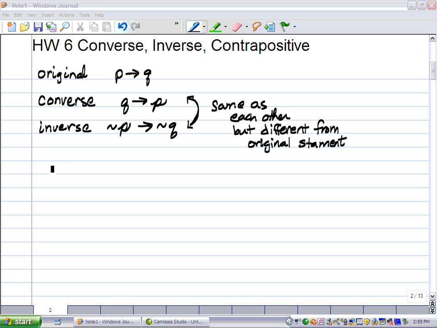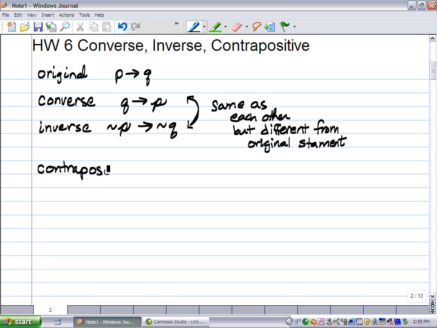Okay, now we're going to look at the contrapositive. The contrapositive is both of these together. So I'm going to switch positions. The P and the Q are going to trade positions, and they're going to become their opposites.